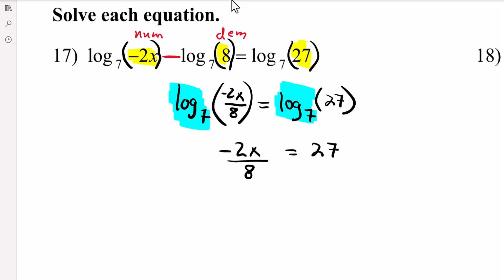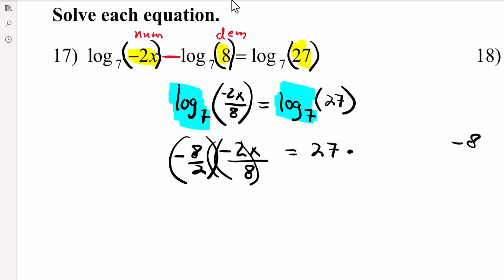Now we could have changed negative 2/8 to negative 1/4. You could remember to do that. We want to get the x by itself, so I'm going to multiply by the reciprocal, negative 8/2. And those cancel, but then I have to multiply this side.